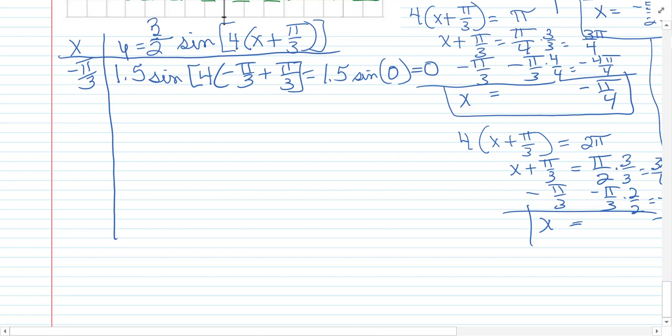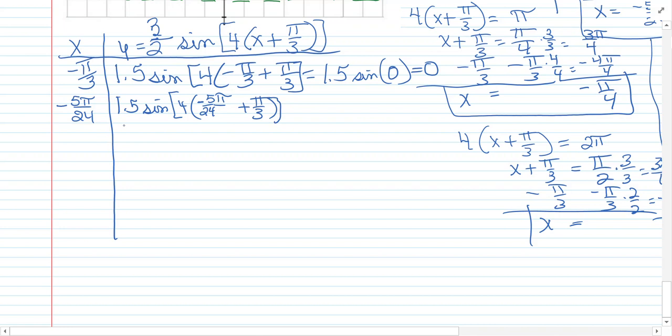Then my next one is negative 5 pi 24ths. So I'm going to have 1.5 sine of 4 times negative 5 pi 24ths plus pi thirds.